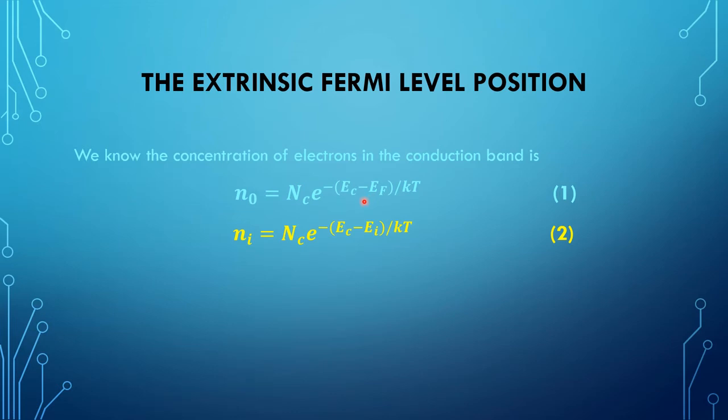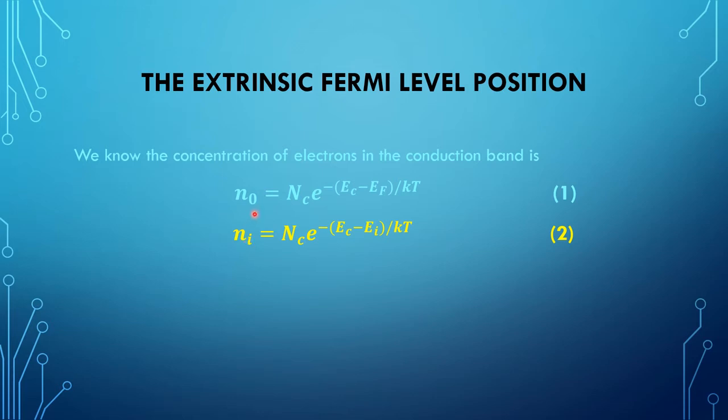From this equation we can also write ni equals Nc e to the power minus (Ec minus Ei) divided by kT. Why is N0 represented by ni? Because this directly indicates the electron concentration for an intrinsic semiconductor.